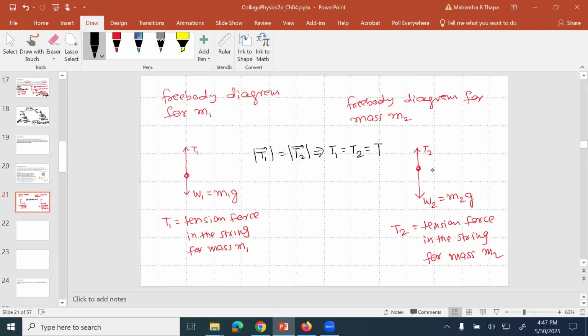This mass M1 is moving up with acceleration A1. The mass M2 is moving down with acceleration A2.